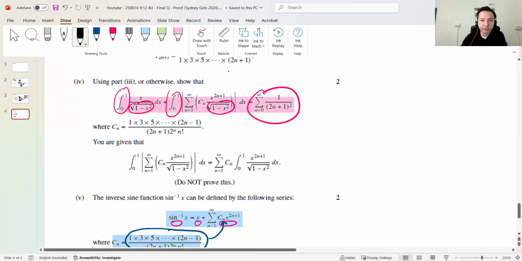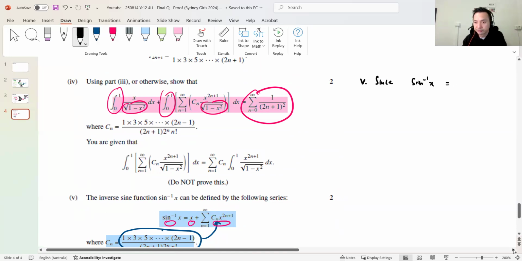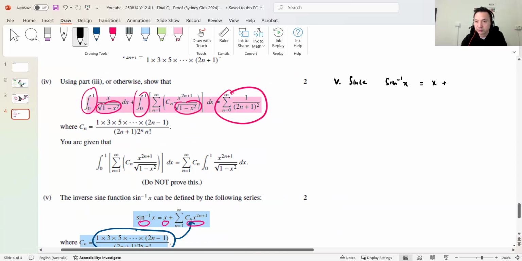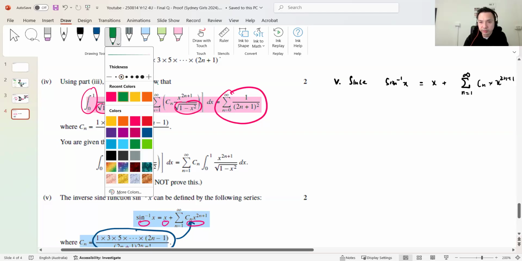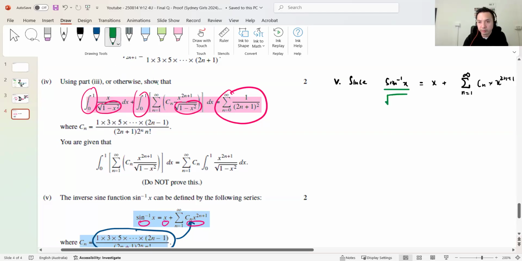So part 5. Since sine inverse x equals x plus the sum n equals 1 of cn times x to the 2n plus 1, I'm going to divide all terms by root 1 minus x squared, and integrate.